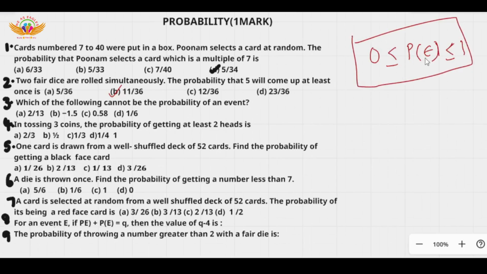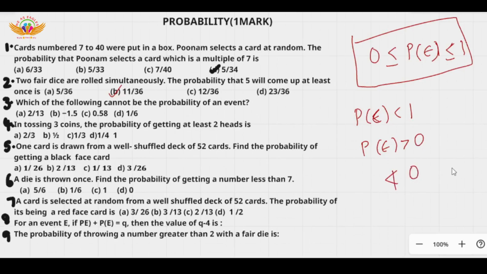The probability of an event must not be greater than 1, and it must not be less than 0.